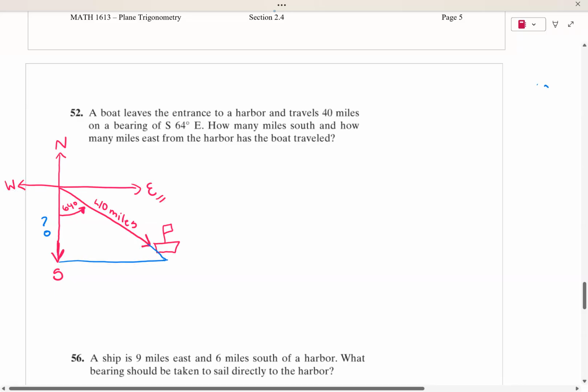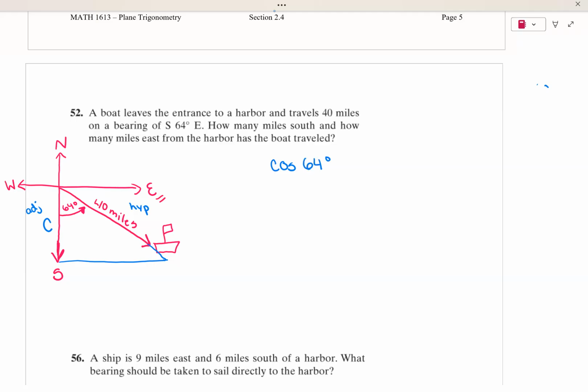Hold on, my pen won't click off. There it goes. Let's just call this a C. So this would be adjacent, and this would be hypotenuse. So we're going to have cosine of 64 degrees equals C over 40. It's on bottom, so we multiply. So C equals 40 times cosine of 64.